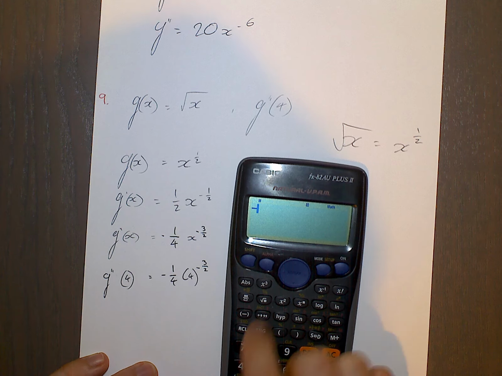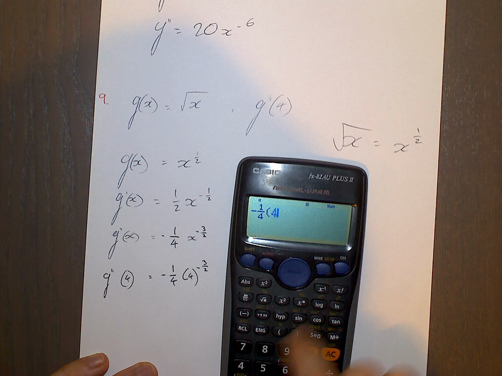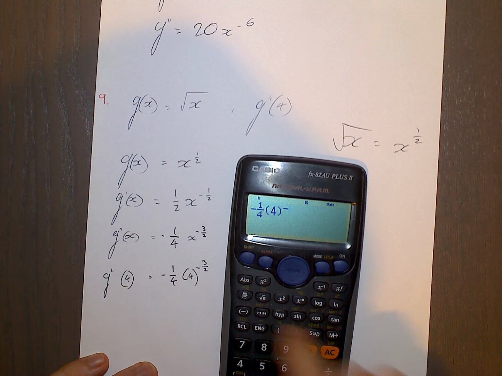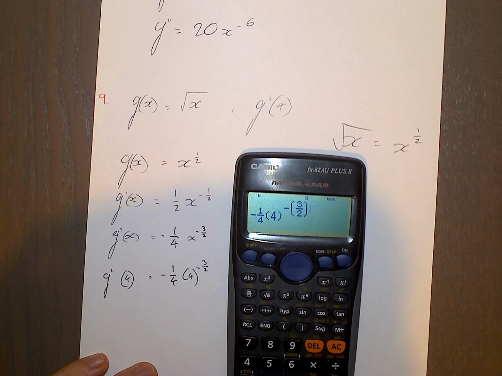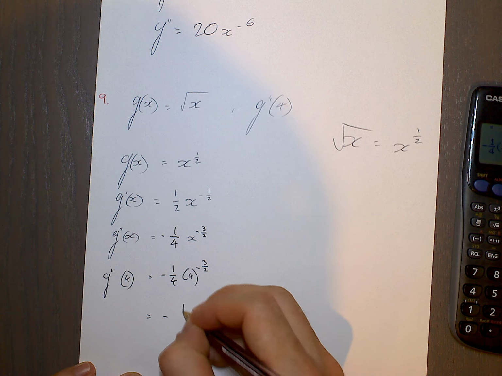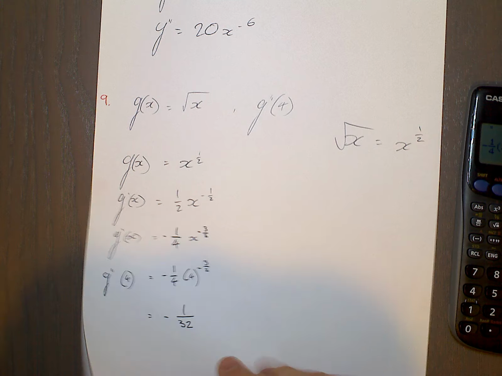There we go, 1/4, bracket 4, close bracket to the power of negative, I'm just going to put this brackets, 3/2. It's looking messy, but let's see what happens. -1/32. I hope that's correct. I'll figure that out later.